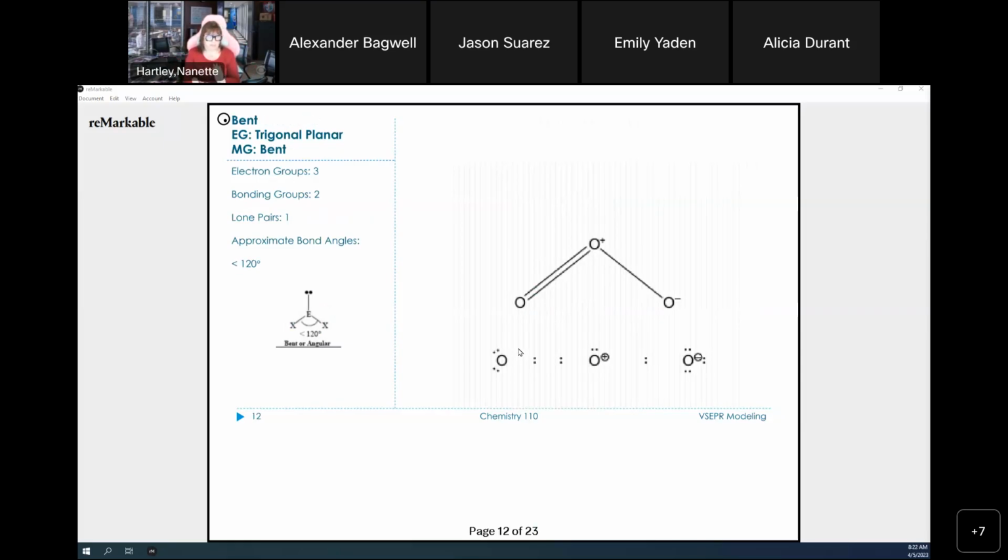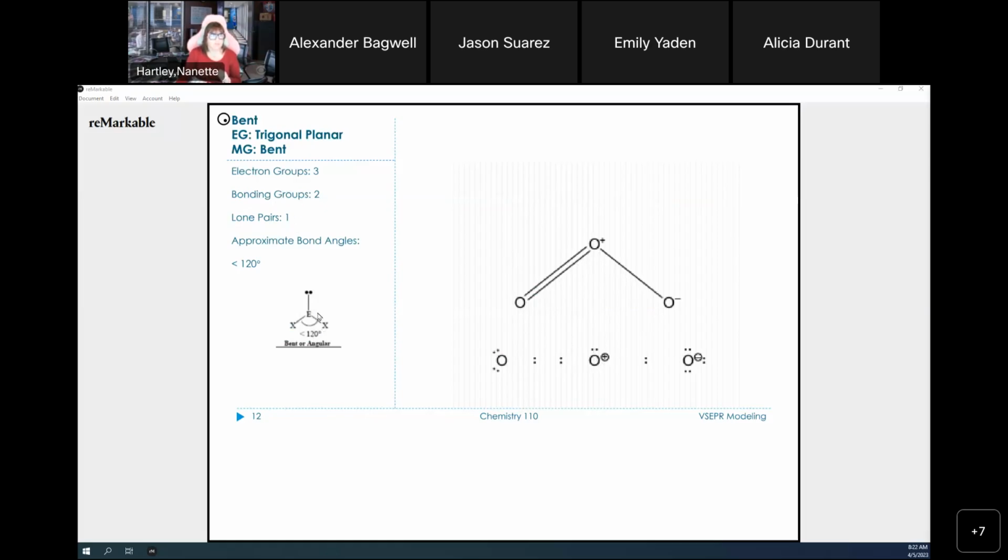Then we get to bent. Now, we still have 3 electron groups on this particular model, one of which is a lone pair. I have a double bond here and a single bond here, so 2 bonding groups. And then there's a lone pair on this oxygen right here. So I have three electron groups, 2 of them bonding and 1 a lone pair.